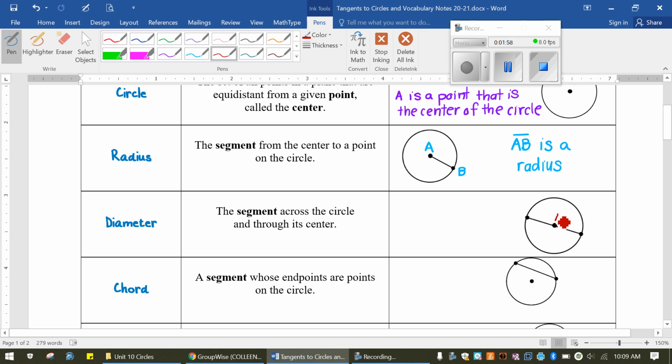So we're going to name the circle the same as A. I'm going to use that same point that I used for the radius, B, and then I'm going to call this other point on the left here C. So the name of this diameter is CB. So we use the two endpoints to name it, and this is a diameter.